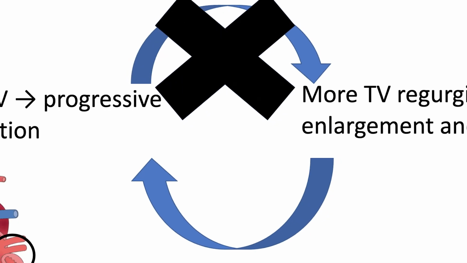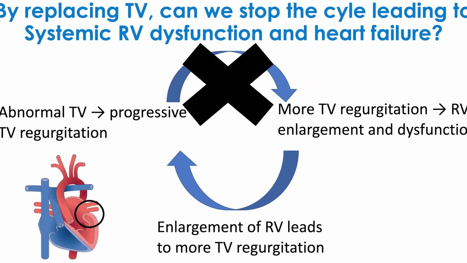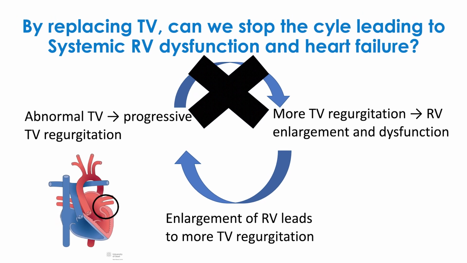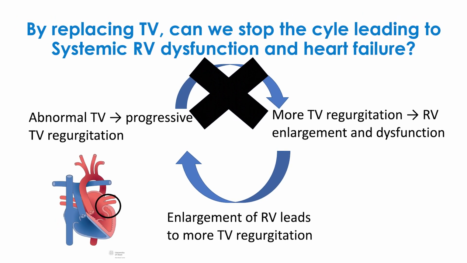There's actually a few studies that have tried to investigate this. And although it's not definitive, many of these studies agree that if the tricuspid valve surgery is done early enough, when the right ventricular function is normal or only mildly decreased, that can actually improve clinical outcomes.